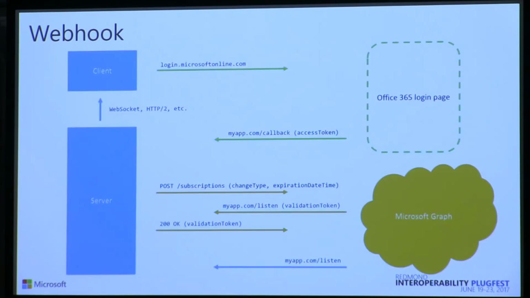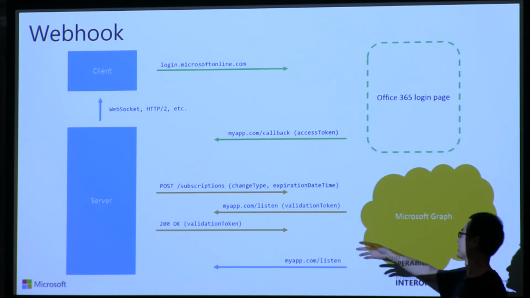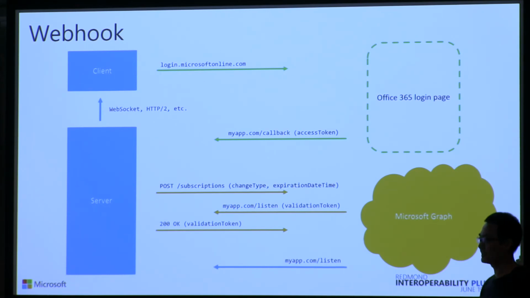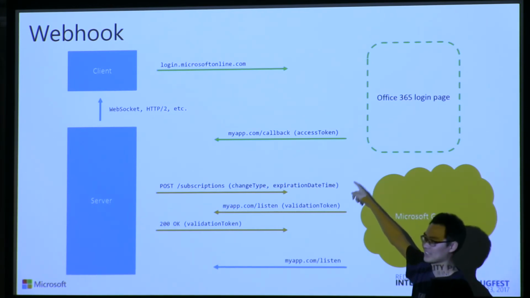So now I'm going to explain how webhooks work. The left part is your app, a web app or some app. You have your client side and your server side. When users log in to your web app, it goes to the Office login page, and once you log in, it returns with the access token.